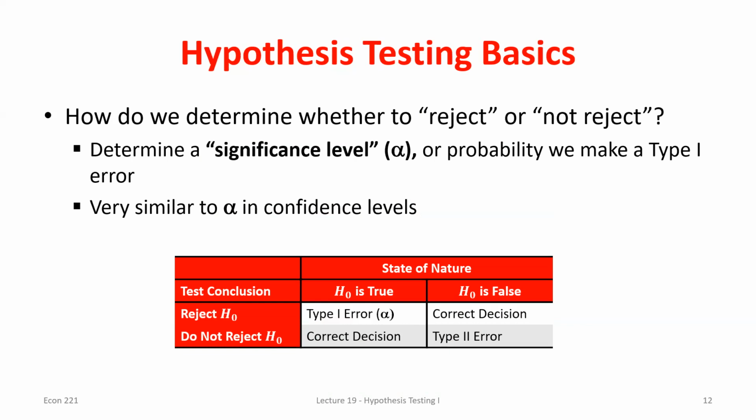So look, type 1 error, we'll use alpha to represent how often we're going to be making these errors. Once we get through the process, we'll figure out that just like confidence intervals, I can reject the null with different levels of confidence. And those confidence levels are going to correspond to alpha very similar to how the confidence intervals did.